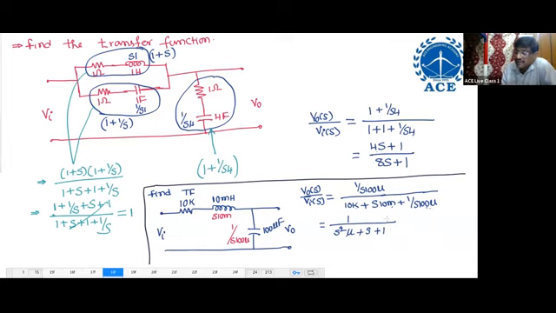So micro means 10 power minus 6. That means I can write 1 by (10 power minus 6 S square plus S plus 1). Taking 10 power minus 6 to the numerator, the LCM is 10 power 6. So the answer is 10 power 6 by (S square plus 10 power 6 S plus 10 power 6). This is the answer.